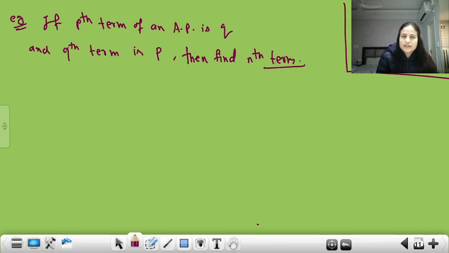Find the nth term, that means the nth term from the beginning. If it is from the end, it will be mentioned, don't worry. I need to get the nth term, that means the nth term from the beginning.